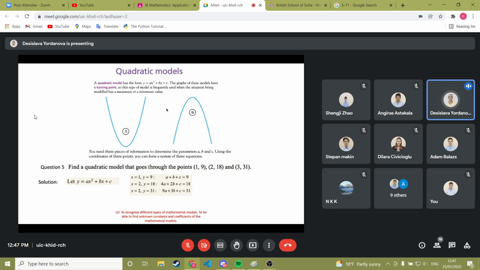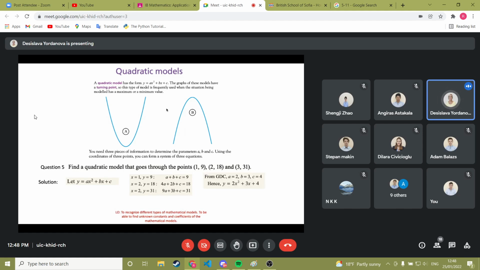There is a mistake in the last one: it's when x equals 3, not 2, and y equals 31, you get the third equation. Any questions on this substitution? No, that's okay. Then you put these three equations as simultaneous equations in your GDC as we practiced last week.